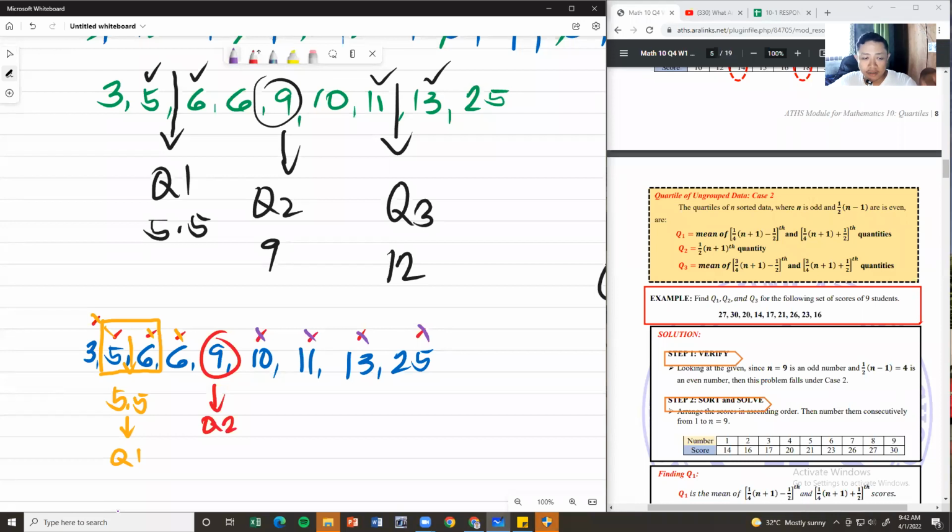So what we have to do is get the two middlemost numbers and then get the average. The average of 11 and 13 is 12, and this serves as our quartile 3. Show me a reaction if you understood that process.